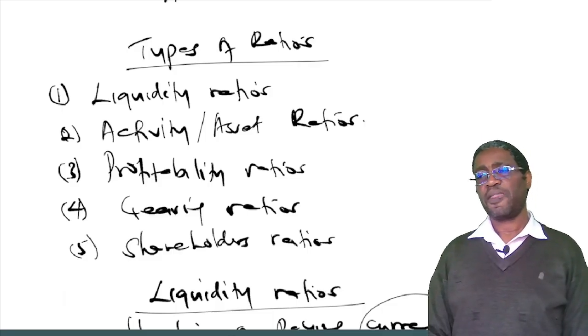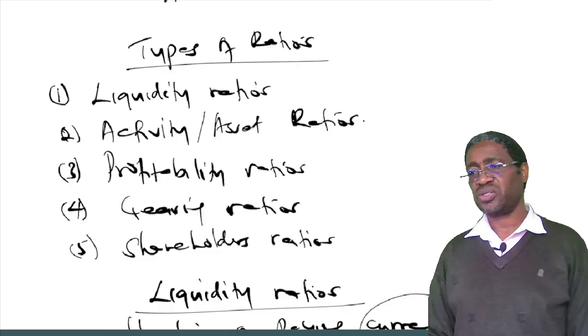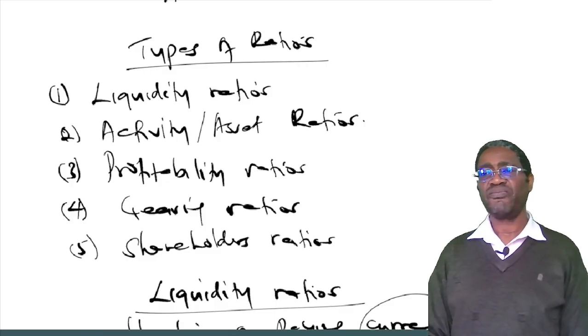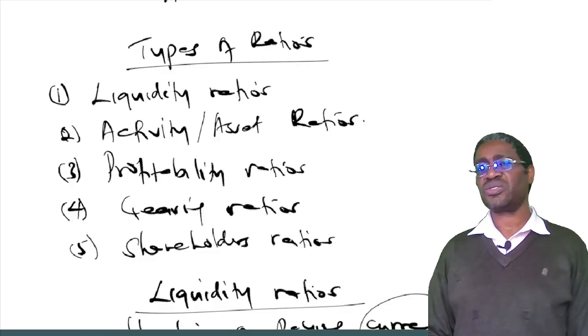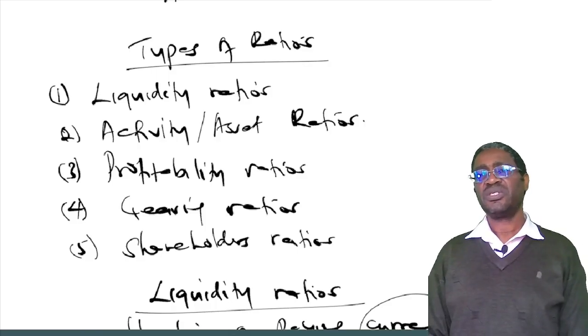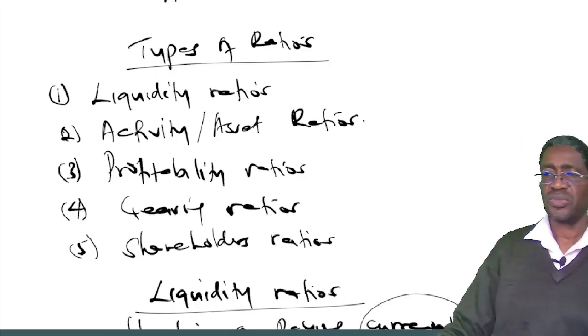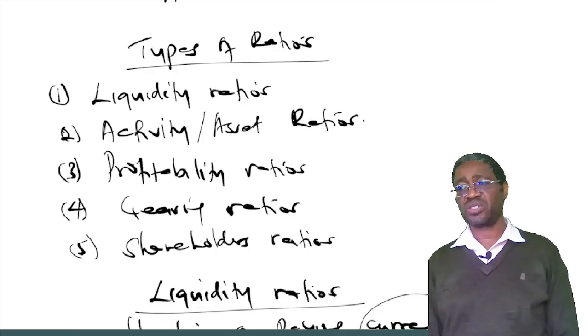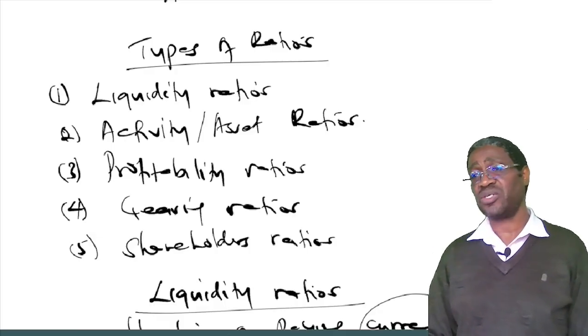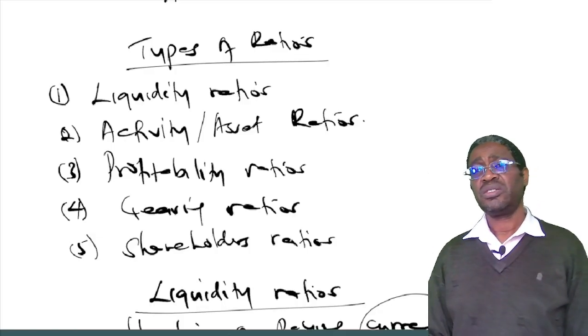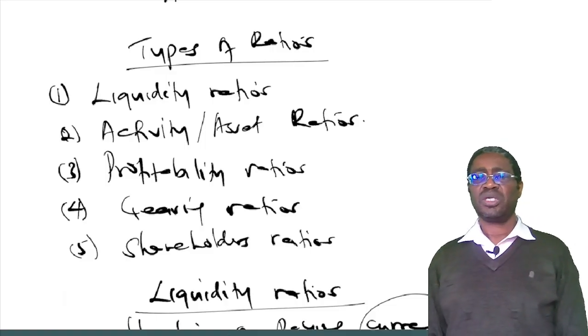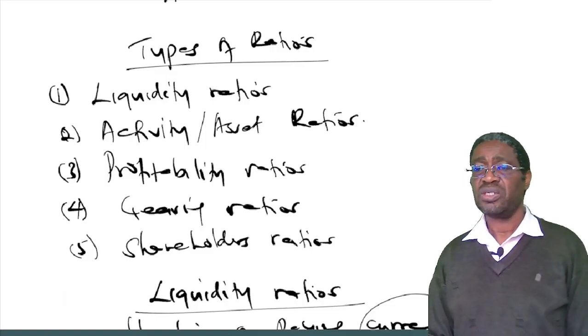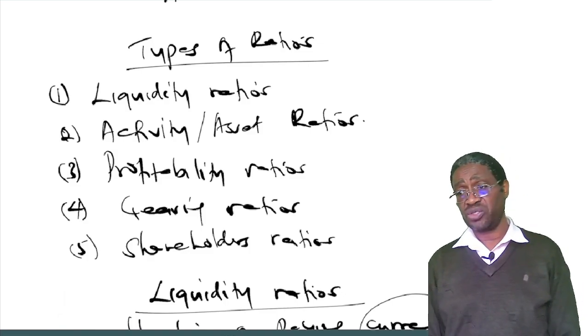Number three, profitability ratios. Number four, gearing ratios. Number five, shareholders ratios.